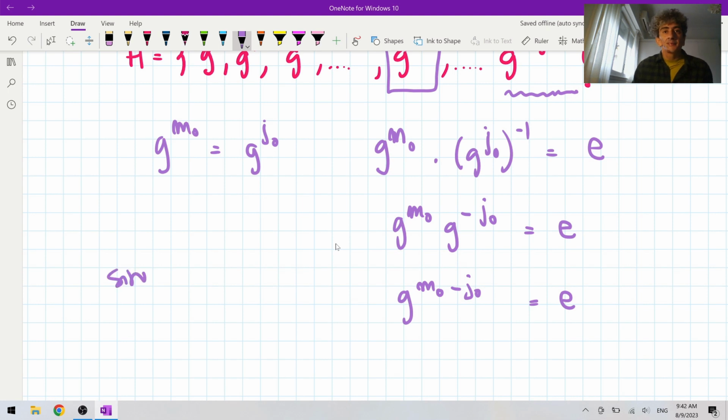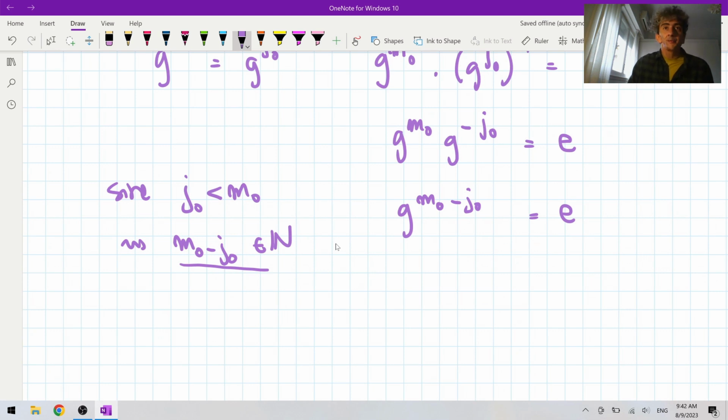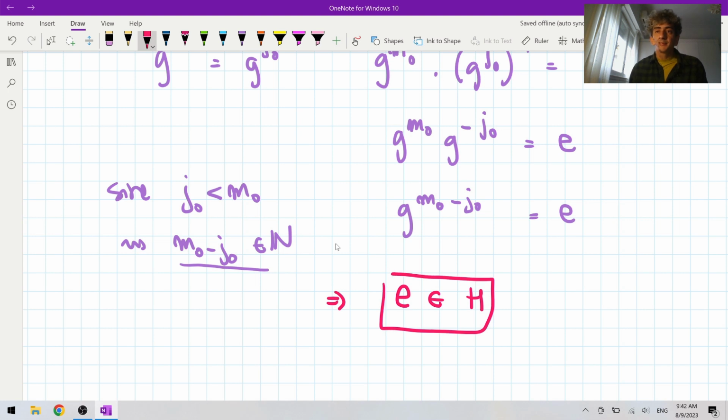And since J naught is lesser than M naught, this subtraction is actually a natural number. So this means that E actually belongs to H, because E is of the form G to some natural number. Okay, so this has proven that E belongs to H.